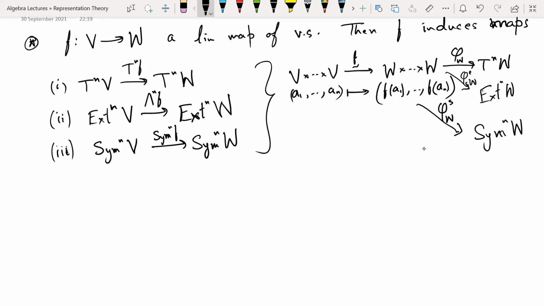And the exterior algebra, tensor algebra, symmetric algebra are functors from vector spaces to algebras, or for the symmetric one you can say it's a functor to commutative algebras.